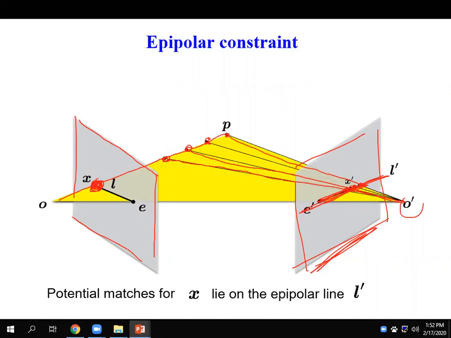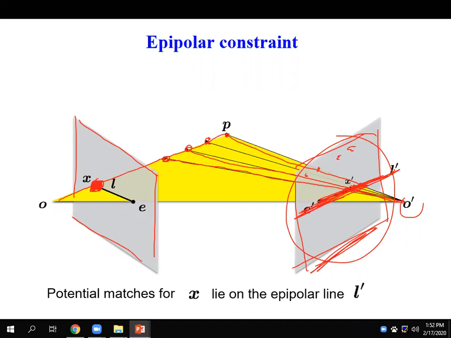This is useful because your search algorithm will search only through one line instead of searching for this point in the whole image. So instead of asking where X is, if this is X, if this is X, and so on and so forth, you are just searching in this particular line. So search-wise, it is a lot less computationally expensive.